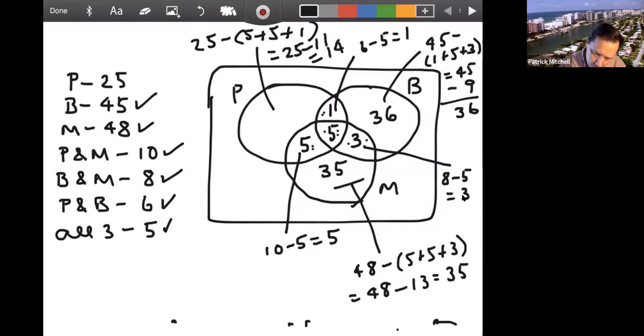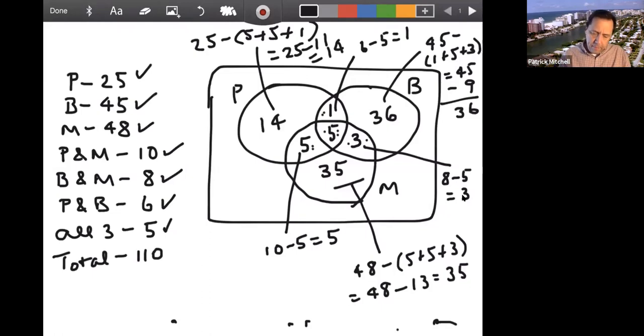Okay, now there's one more number to fill in. Remember, there were 110 students total. I forgot to write this down at the beginning, because presumably there are some students who did not take any of these courses. So what we need to do now is add up all the numbers that we have in the diagram and then subtract that from 110.